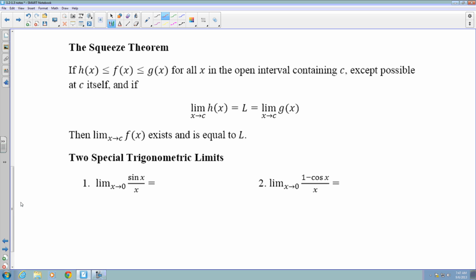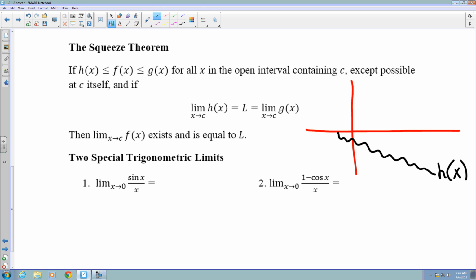So this isn't going to be exactly a picture of the squeeze theorem, but it's going to illustrate pretty well. Let's say that we have h as our smallest function, and by smallest I mean the most negative in value. And then we have g being our biggest function up here, and we have f in the middle.